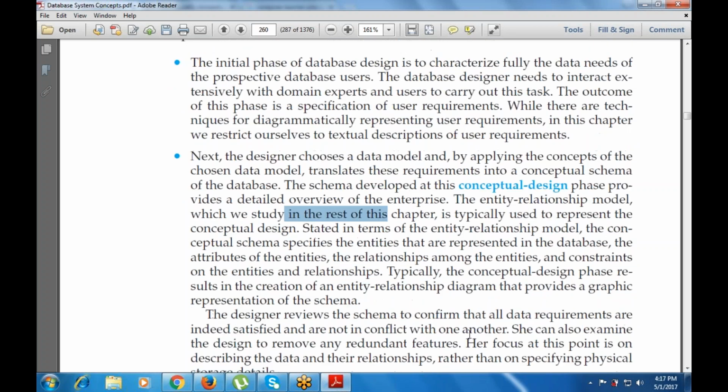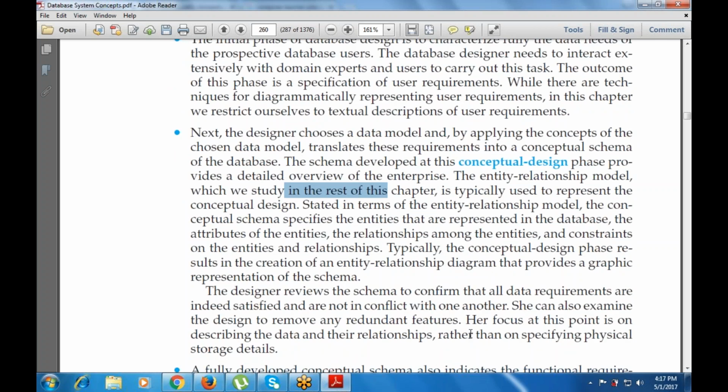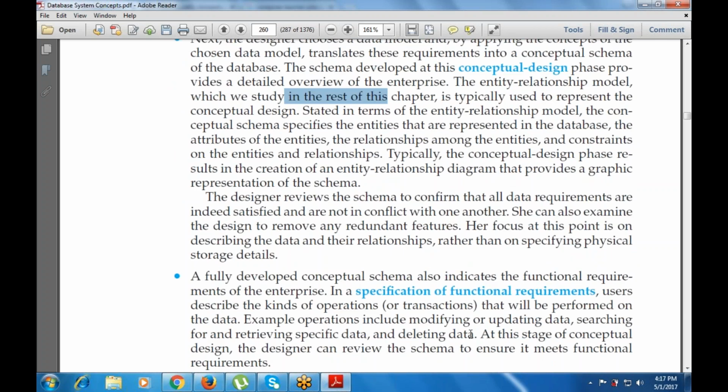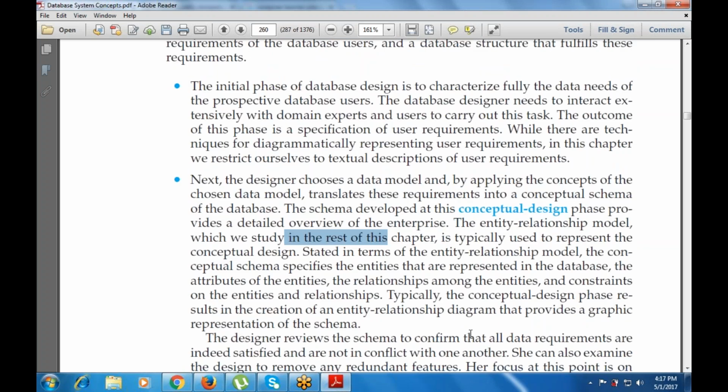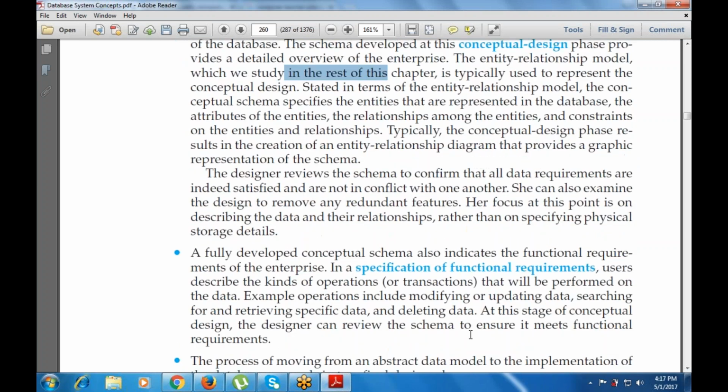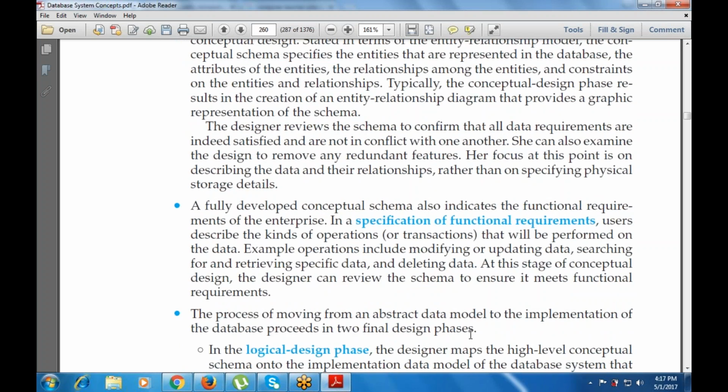The designer reviews the schema to confirm that all the requirements are satisfied and do not conflict with each other. So the second part is done, that is the data model. The first part was gathering the requirements of the database users. The third part is a fully developed conceptual schema that indicates the functional requirements of the enterprise.